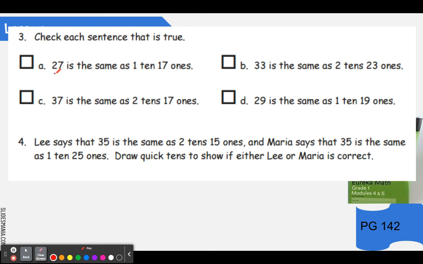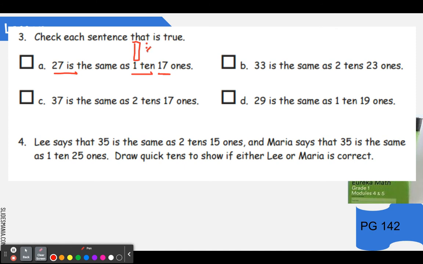So let's see, the sentence says 27 is the same as 1 ten and 17 ones. Well, boys and girls, it's easier to draw pictures. So I'm just going to draw a picture of 1 ten and then 17 ones.